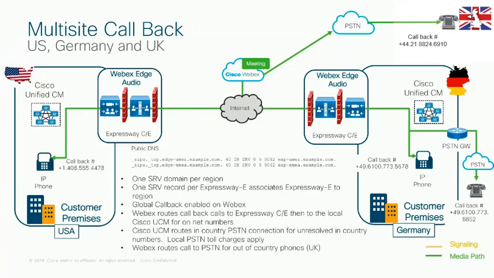Now, you could enter toll calls here, so there's a cost to the customer in this particular case if they allow this to happen. In addition, the same flow would happen to the UK user in the upper right, except this time WebEx would actually use its PSTN connectivity to call back into the phone that's in the UK versus the ones that were dialed directly over the internet to the US and into Germany.